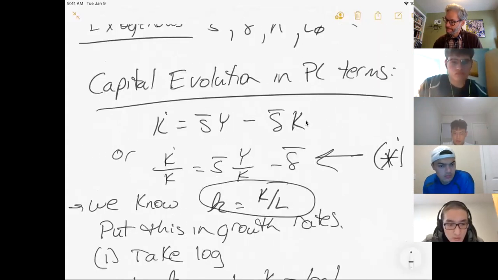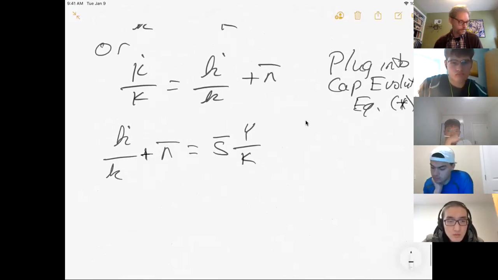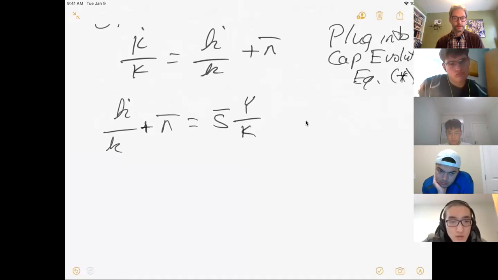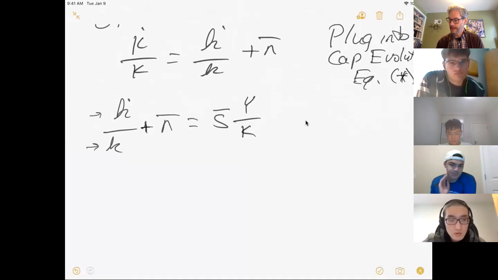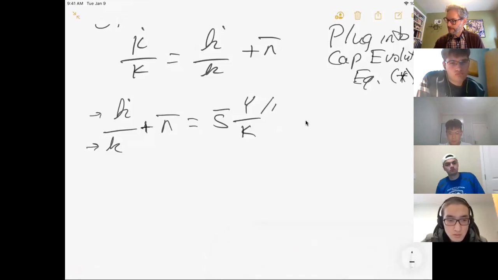Okay, now, this is little k. Those are little k's. That is capital Y and capital K. How do we get rid of those capital Y's and capital K's? Well, that's pretty easy. Let's just divide the numerator and the denominator by L.